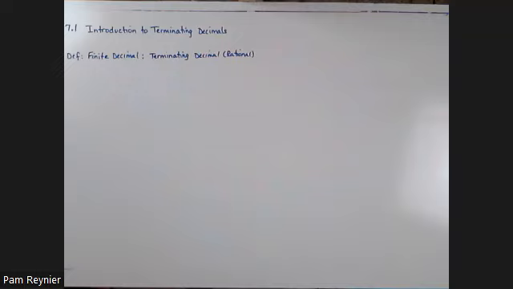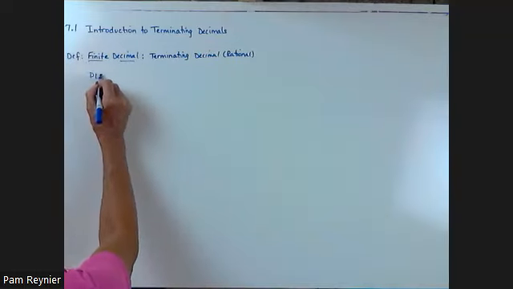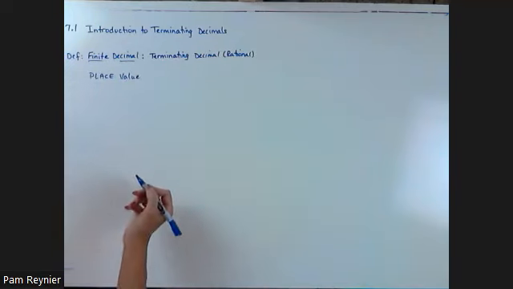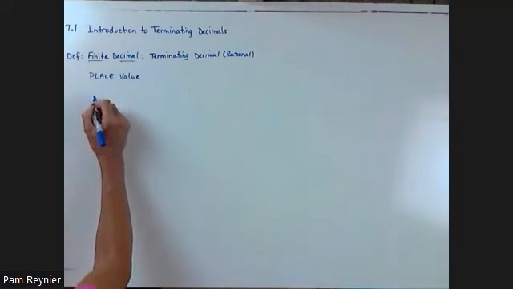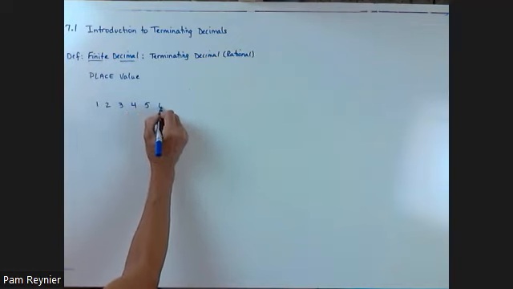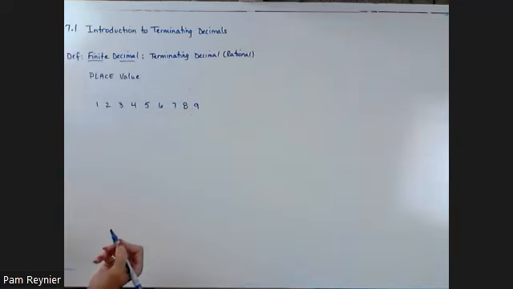So let's first go back over and take a look at some place value, just to refresh your memory as an adult. Let's say I just take the digits 1 through 9: 1, 2, 3, 4, 5, 6, 7, 8, and 9.